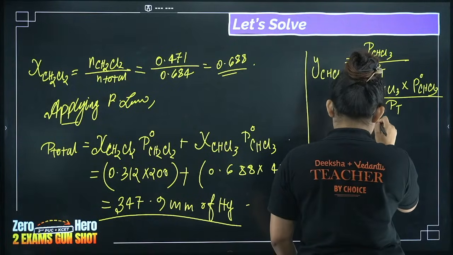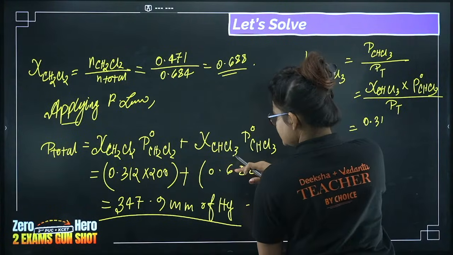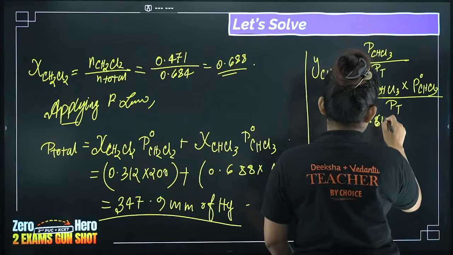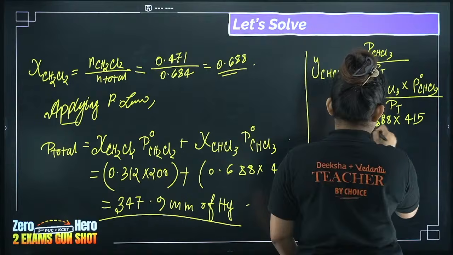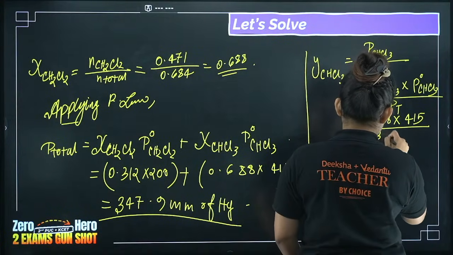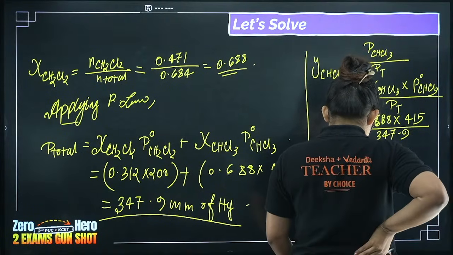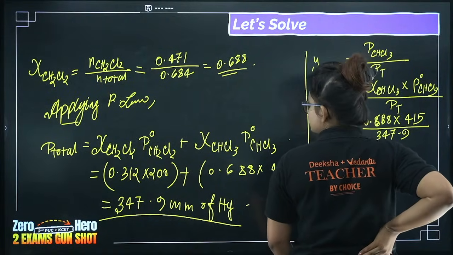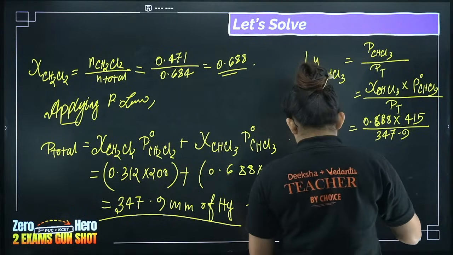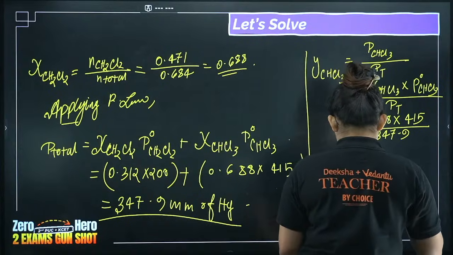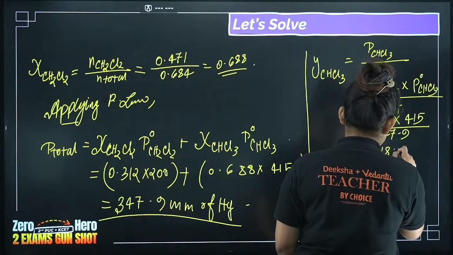Okay, if you put it over there, it should come like 0.688 into 415 divided by the total pressure, which is 347.9. Now if I proceed with this, your answer should come something like 0.180.